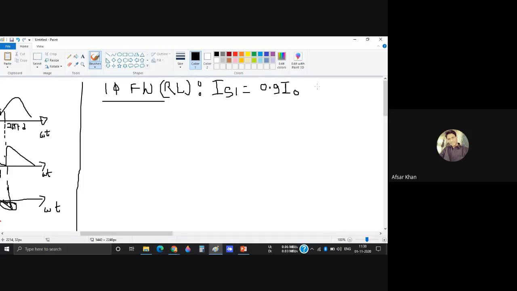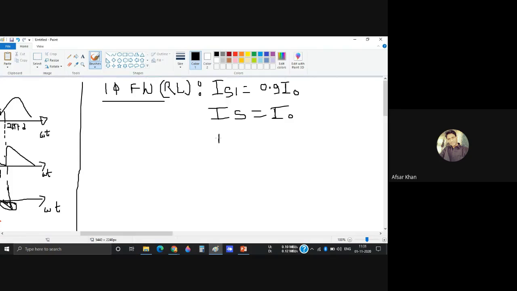It was just like 4 VDC by n pi into sine omega t. Such waveforms we have seen with Fourier expression. So from that, we got this value 0.9 I naught. This is the fundamental component of source current, and source current itself is I naught only. Source current is equal to load current.